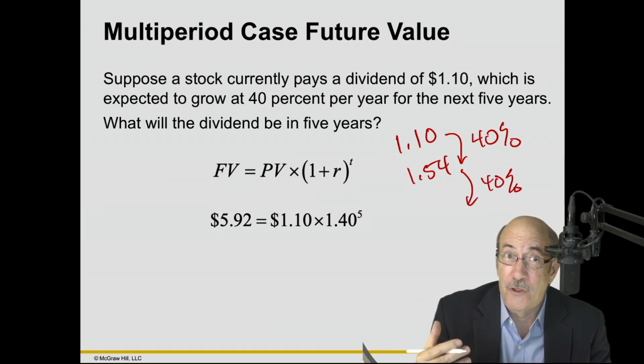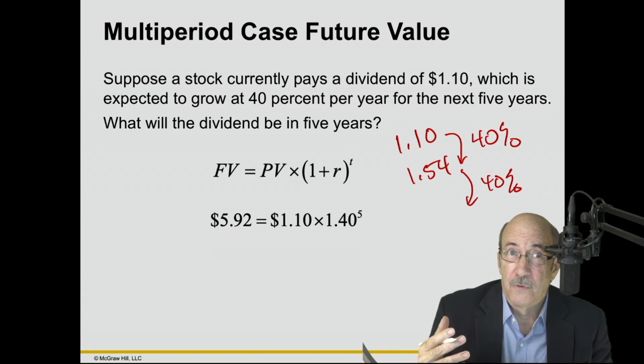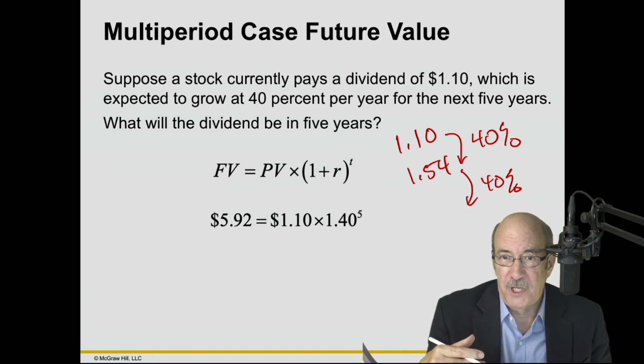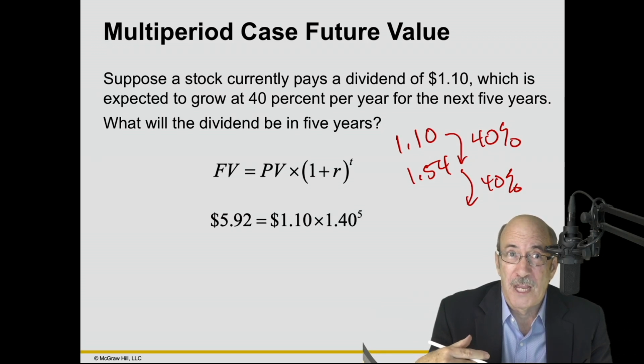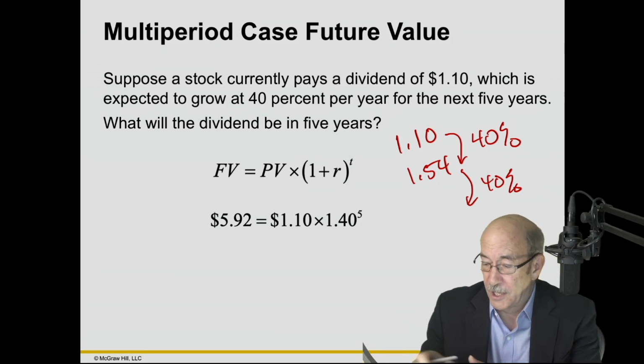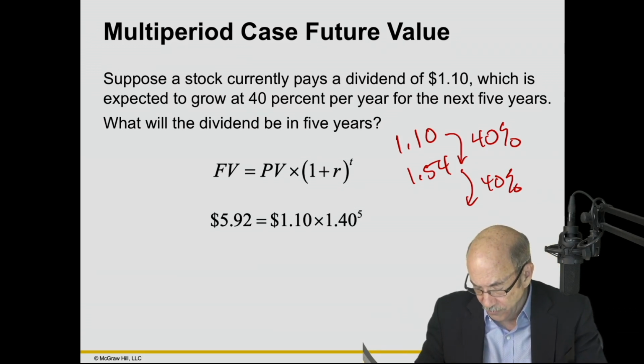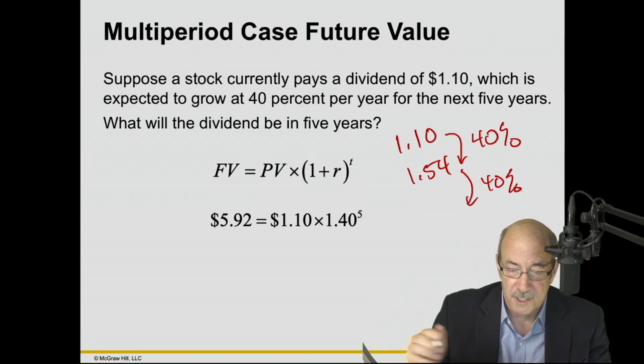So we're not getting another 44 cents. We're getting more than 44 cents because we don't have $1.10 anymore. We're starting from a base or a principal of $1.54. So whatever that turns out to be, we have $1.54 times 1.4 is $2 and not quite 16 cents.